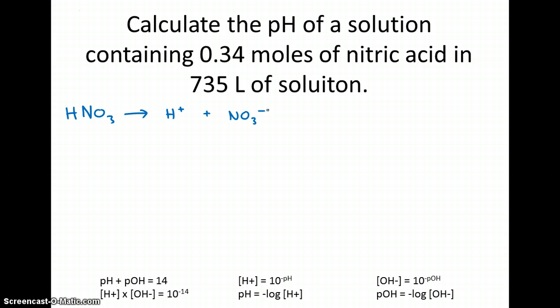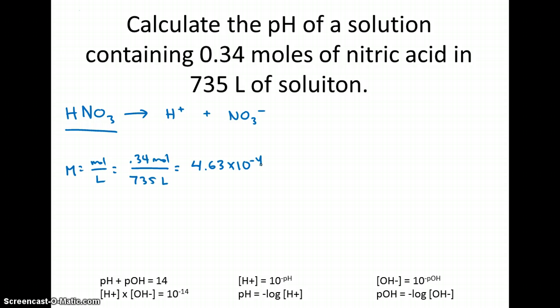I can see that it's already balanced, so I have a 1:1 molar ratio here. Now I want to figure out the concentration of the acid. In order to do that, I know that molarity equals moles per liter. I'm given moles. I'm given liters. The molarity is equal to 4.63 times 10 to the negative fourth.